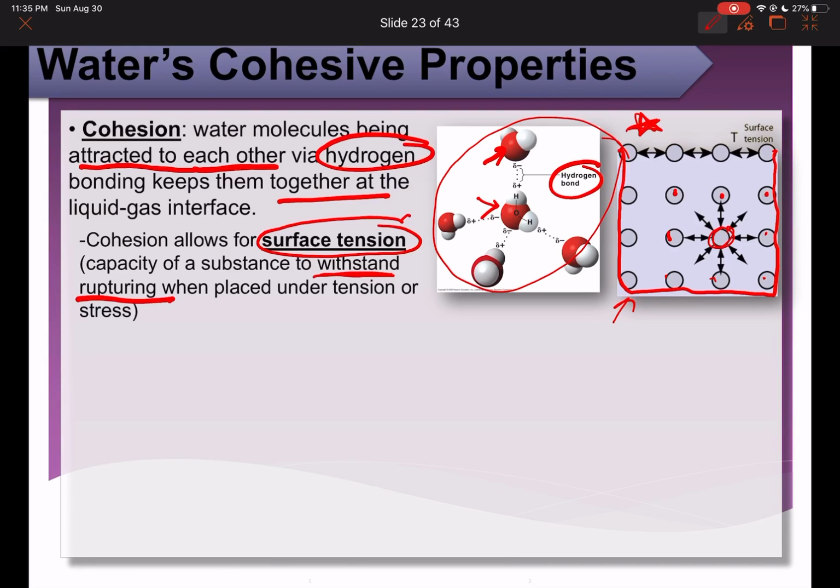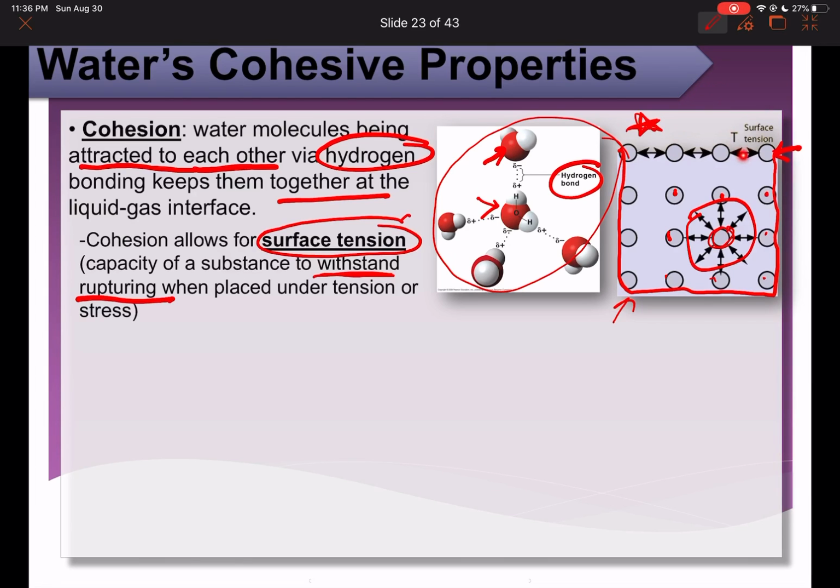It is surrounded by water molecules that are attracted to each other in all possible directions. But at the surface right here, there is an interface between the liquid water and the atmosphere, just air.